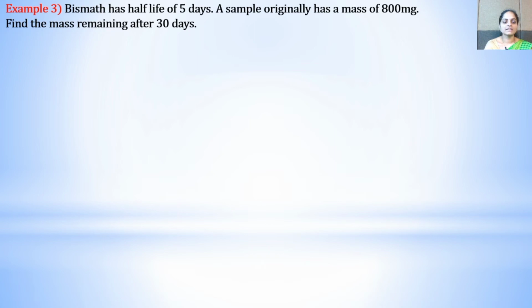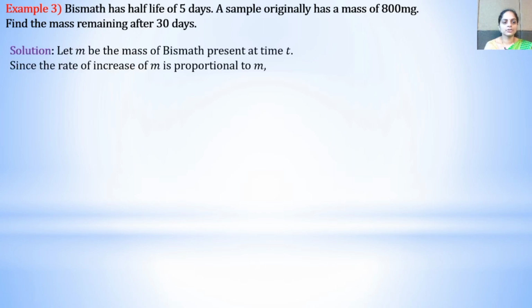Bismuth has a half-life of 5 days. A sample originally has a mass of 800 mg. Find the mass remaining after 30 days. Let's start the solution. Let m be the mass of bismuth present at time t. Since the rate of change of m is proportional to m, we have log m is equal to minus kt plus c.